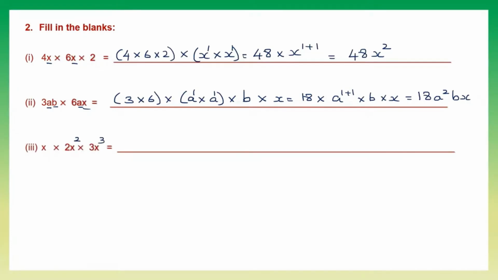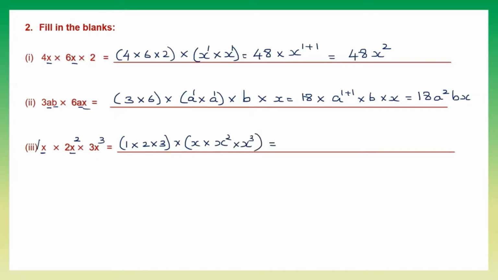Question 3. x into 2x square and into 3x cubed. So here we'll write 1 here, and so let's take our numbers. 1 into 2 into 3 into, there's only x, so let's take x. So first x is here, then we have x square, then we have x cube.